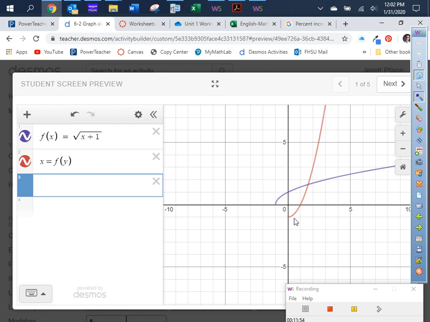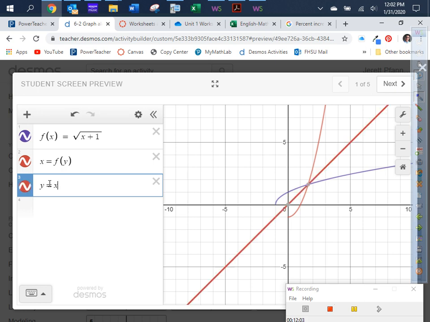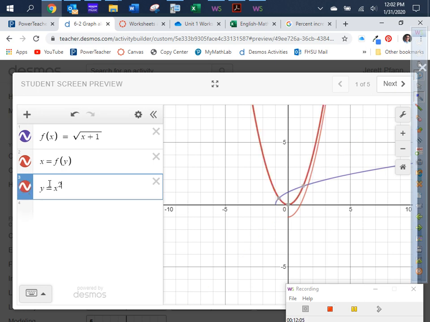Our graph should be right on top of this, because we know this is the inverse. So can't do f inverse, so I'll just do y equals x squared minus 1. And the problem is, it didn't match up. This is totally a parabola, and it didn't match up.